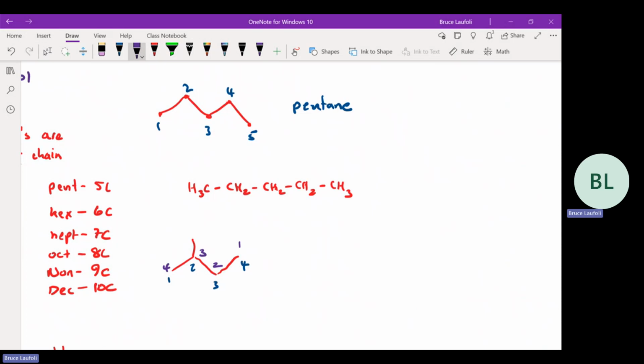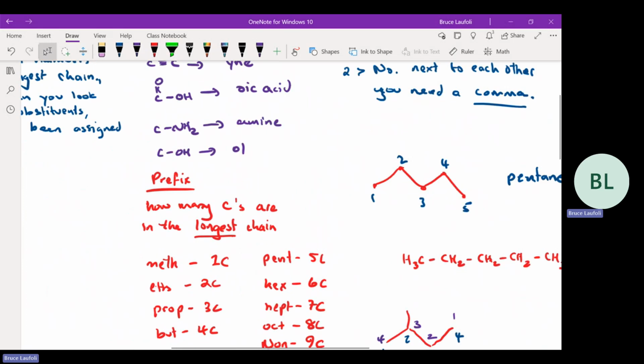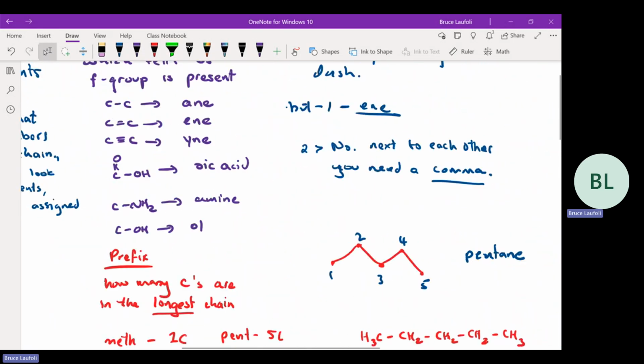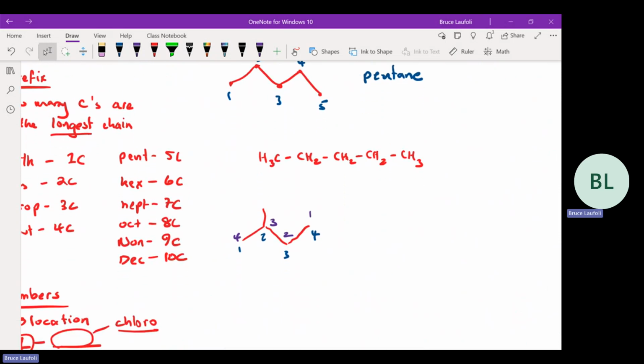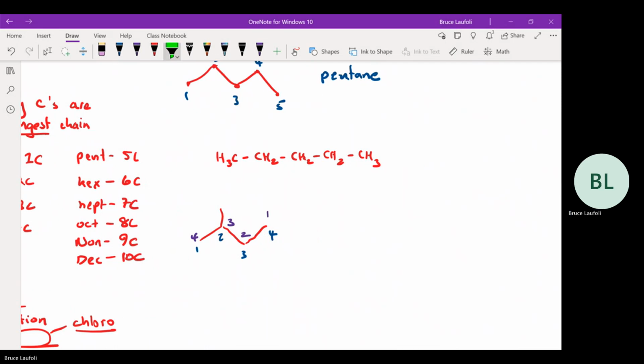Now remember, when we were talking about the rules, we need to make sure that the substituent has the lowest assigned carbon. Hopefully you can see this group over here is branching off this main chain, and so we would signify this as a substituent.